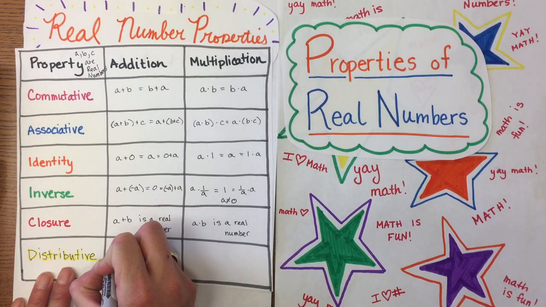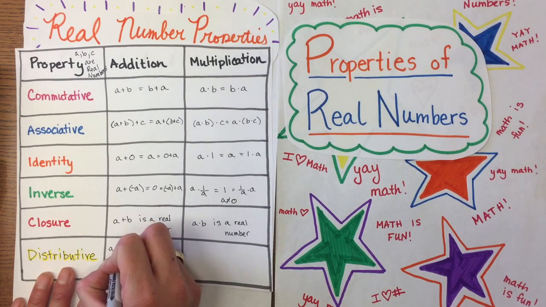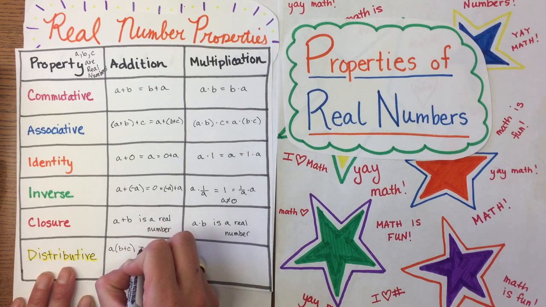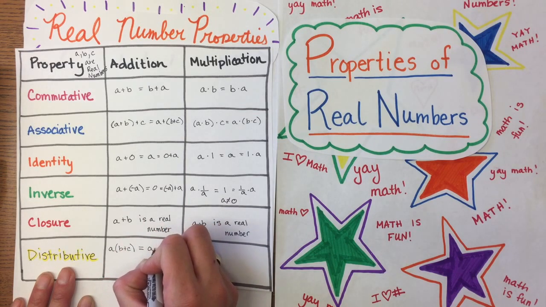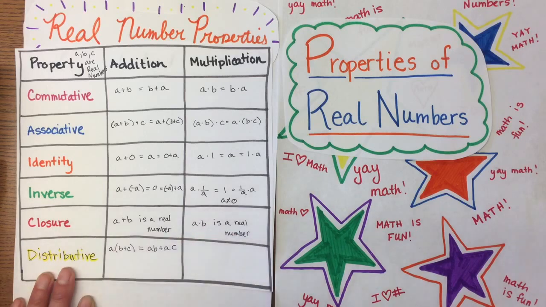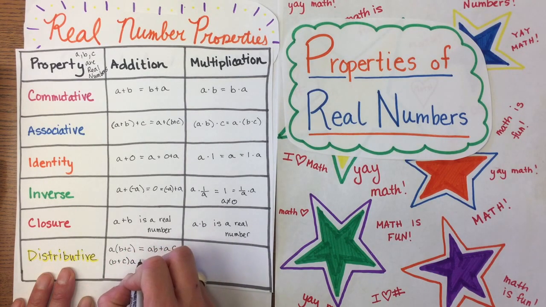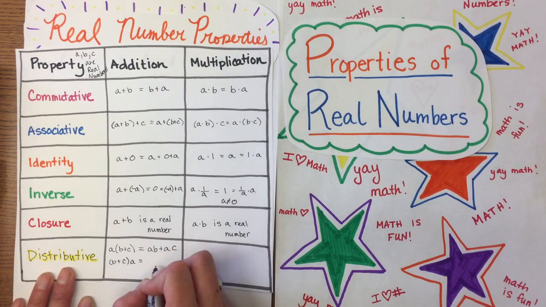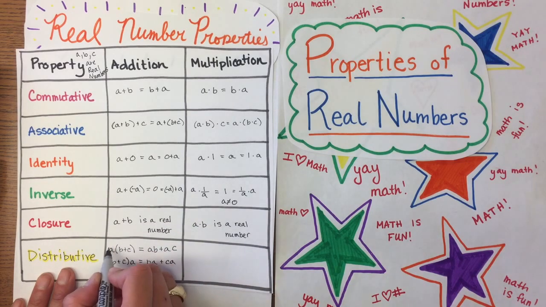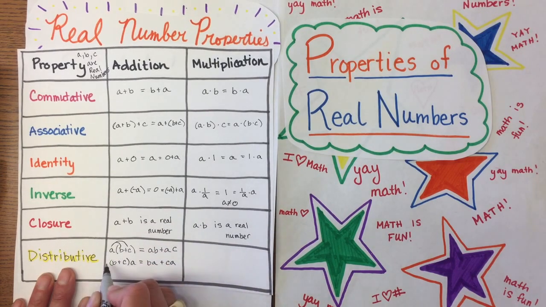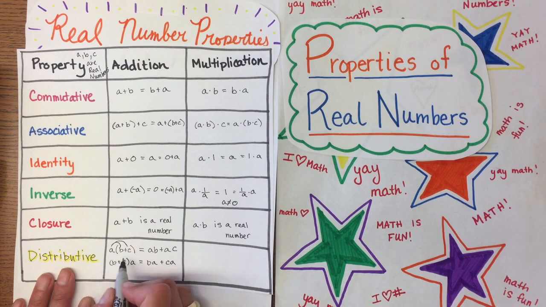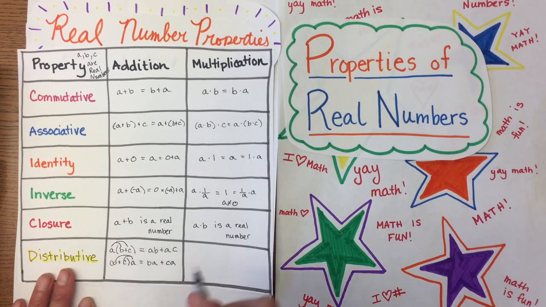And the distributive property says that A times the quantity B plus C is the same thing as AB plus AC, or the quantity B plus C times A is the same thing as BA plus CA, or we distribute this value in. If we have a value being multiplied by a grouping, it gets distributed into every term within.